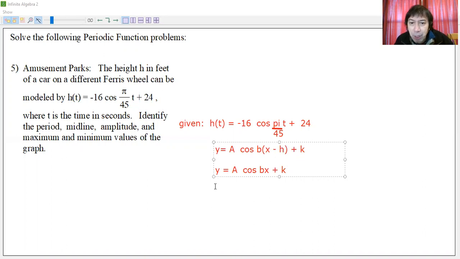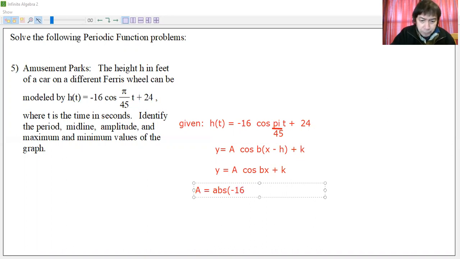And so we can readily see our amplitude, which is the negative 16. Now, we don't have a negative amplitude. We will have to get the absolute. So our A is equal to absolute of negative 16, which is just 16. And so amplitude A must be a positive 16 feet.